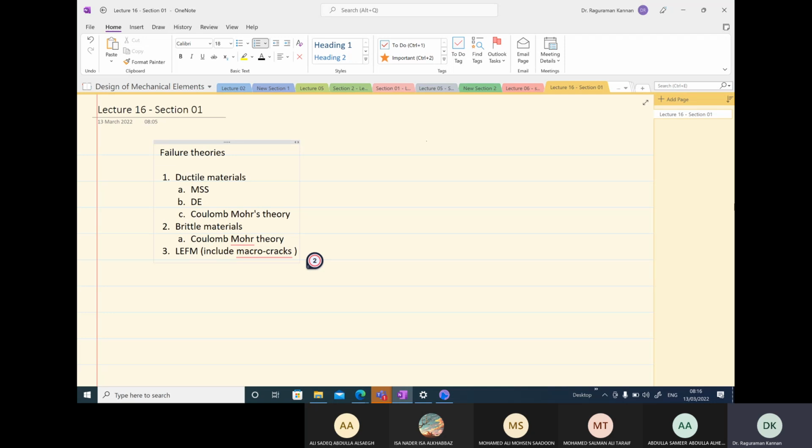All your manufactured materials will consist of macro cracks and micro cracks. In this case, we are not going to include the effect of micro cracks. It will require an advanced course to understand the influence of micro cracks. What we are going to include is the presence of macro cracks inside the material.